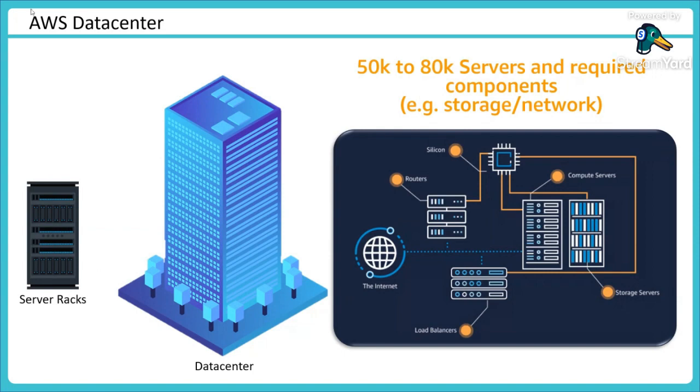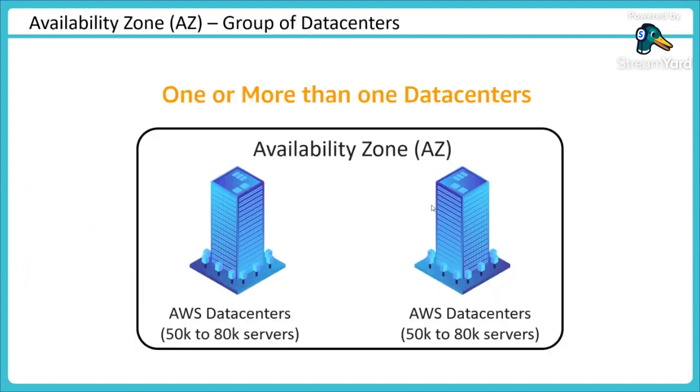Now, along with this, we would not be relying on one data center only. Because if it's one building, and let's say there is a flood, or some issue, or a problem in connectivity, we would lose connection and we would lose our application. So what we do, we combine one or more data centers and then we make it an availability zone.